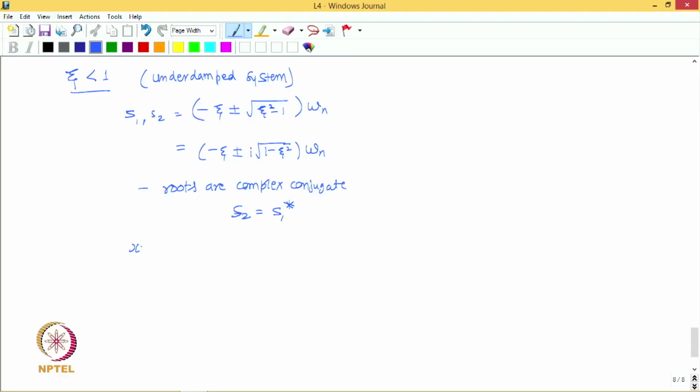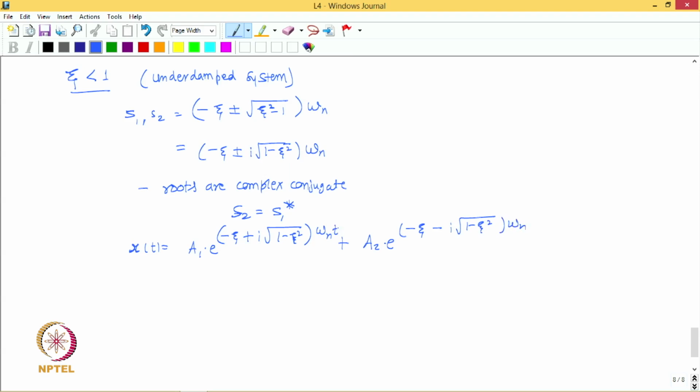In this case, if we now write the general solution, it is given by A1 e to the power S1 t. So we can write minus zeta plus i square root of 1 minus zeta square omega n, plus A2 e to the power minus zeta minus i square root of 1 minus zeta square omega n.